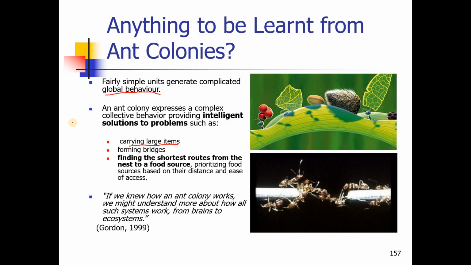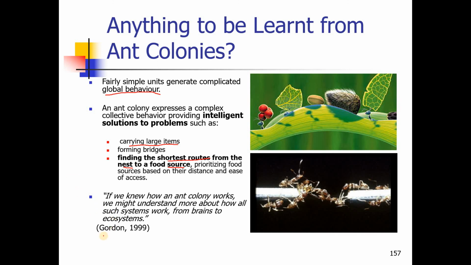And then also they are very efficient in finding the shortest route or shortest path from their nest to the food source. This is also a quite intelligent approach, and that is always a source of fascination or interest shown by scientists. So an ant colony expresses complex collective behavior by providing intelligent solutions to these problems.